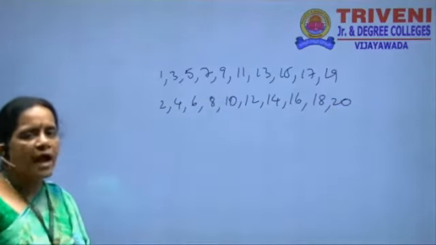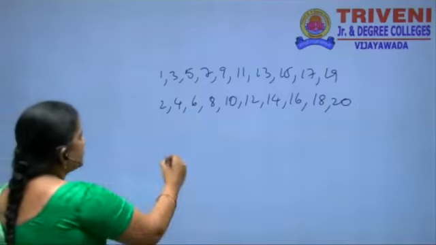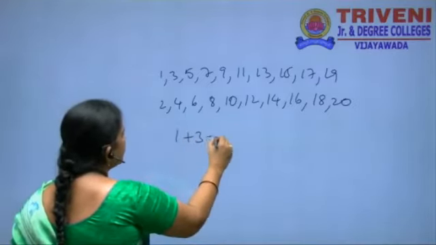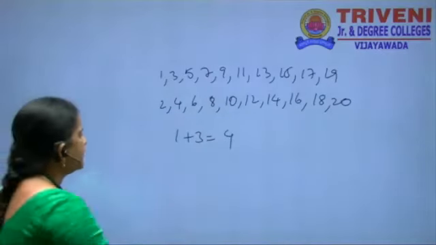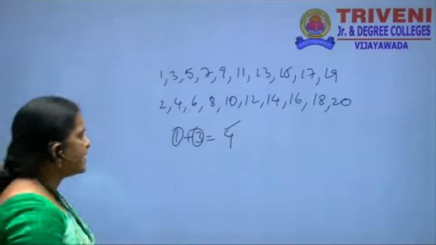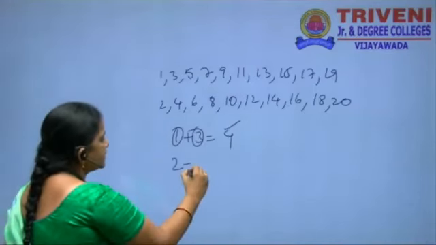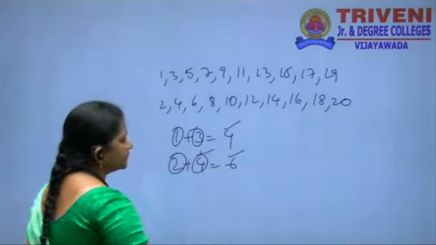The addition of any two odd numbers is an even number. For example, 1 plus 3 is 4; these two are odd numbers and the sum is even. Also the addition of two even numbers is an even number.